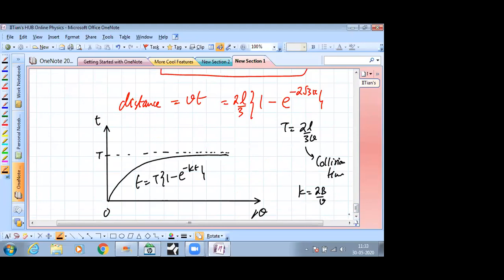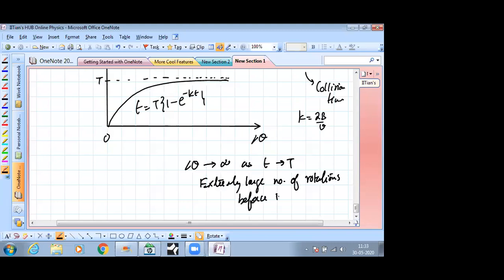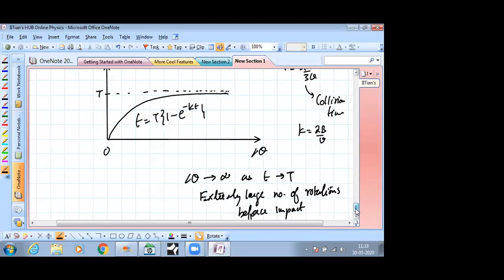So in fact, what it means is that delta theta tends to infinity as t tends to capital T. So extremely large number of rotations before impact. So that's one interesting aspect.